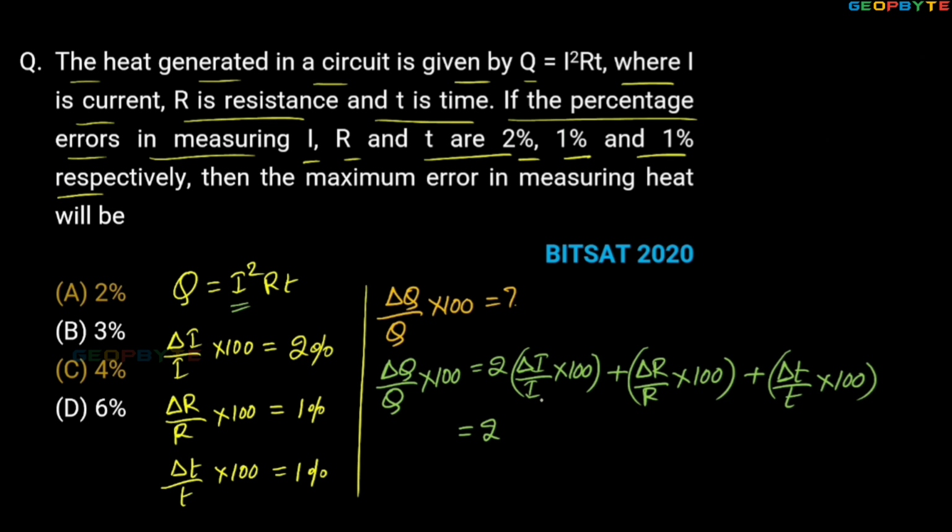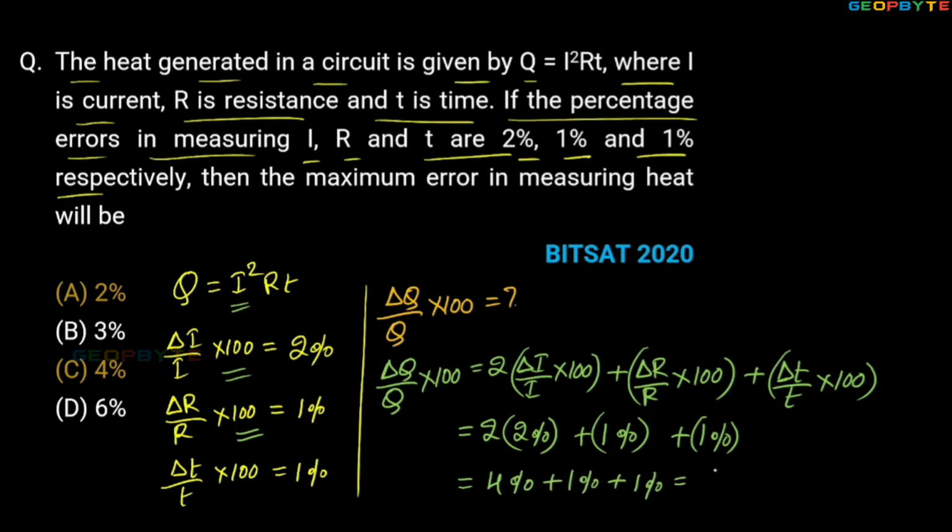Here it is 2 into 2 percentage, plus 1 percentage, plus 1 percentage. So here it is 2 into 2, 4 percentage, plus 1 percentage, plus 1 percentage equal to 6 percentage. That is the answer. Look at option D. Option D is absolutely correct. This kind of problem is asked more frequently. Try to practice this kind of problem perfectly.